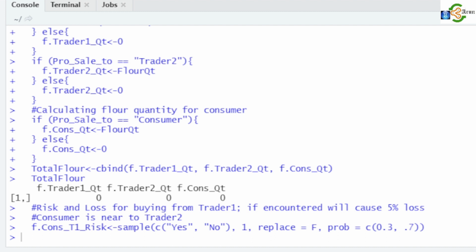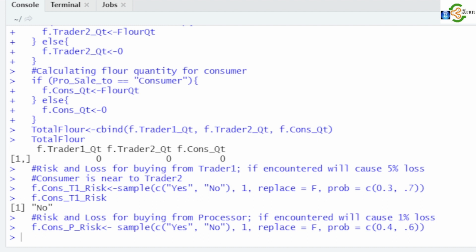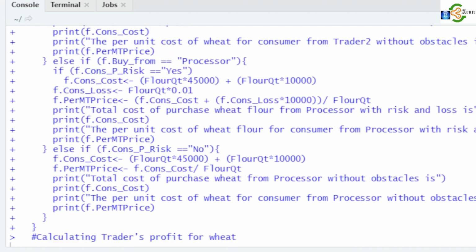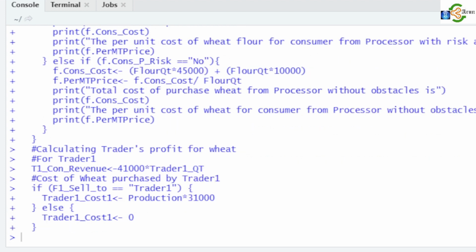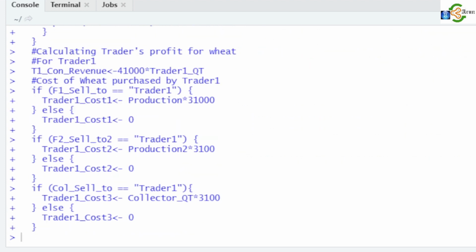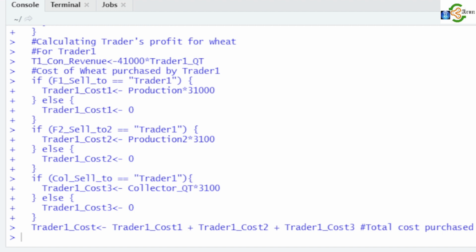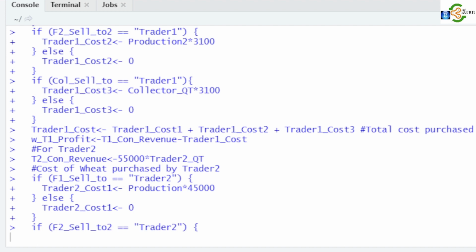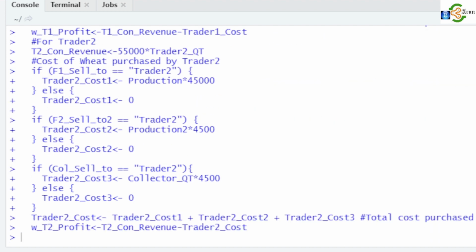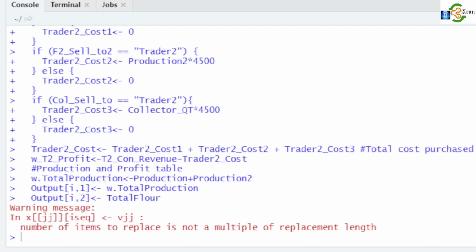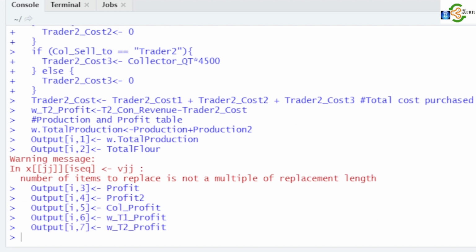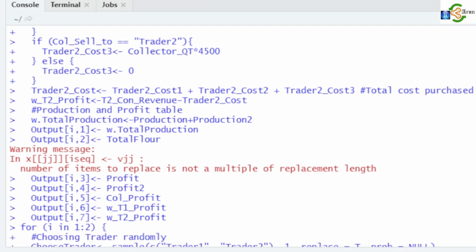Likewise you can see here the risks, and I will directly go to the final result. Let me run some code over here. For trader 2, we have already calculated the profit. We are calculating the profit for trader 1. Okay, so let's see the output.